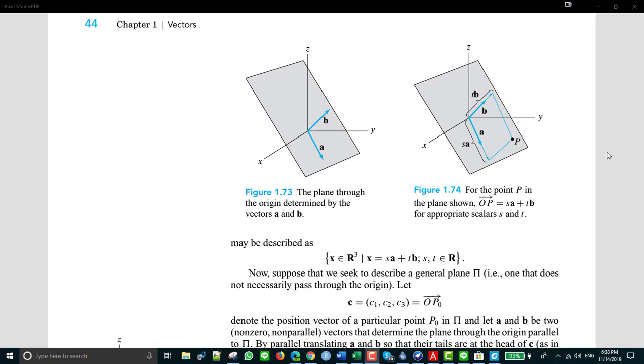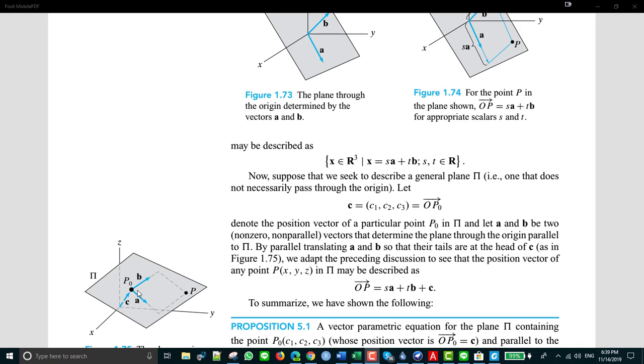Now suppose that we seek to describe a general plane, pi, so not one that necessarily goes through the origin. So again, we have to assume that we have at least one point being given to us in the plane, and also that we're going to be given an A and a B that are vectors that determine the plane.